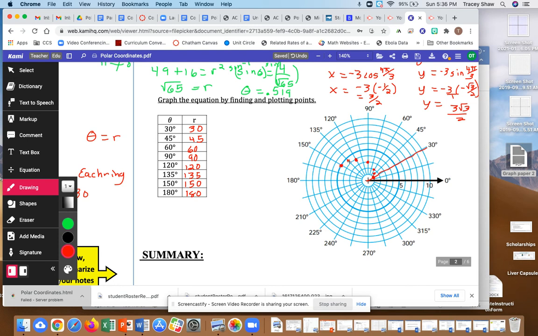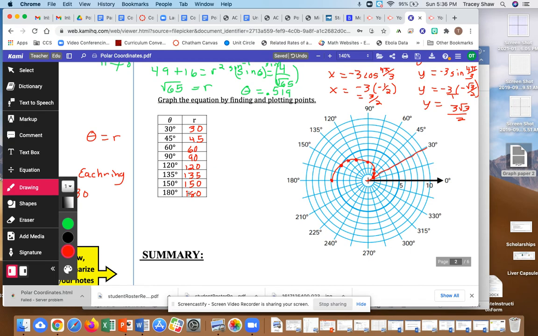And I'm just going to keep on graphing these points. And 180 is at 180. So 180 will be on the sixth circle. And that's what it looks like so far. And that is just graphing half the circle.